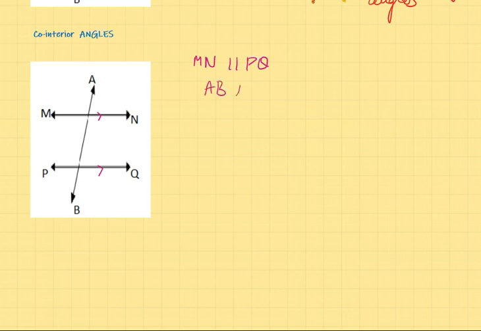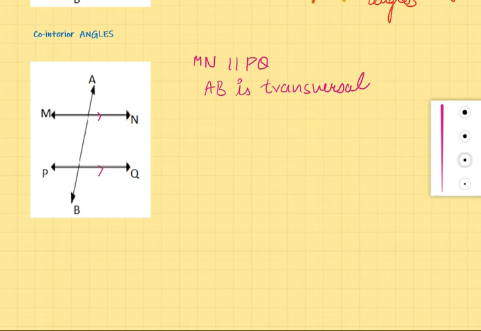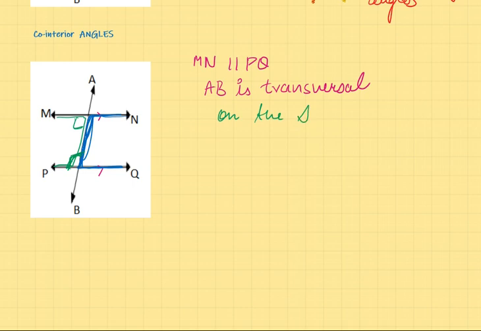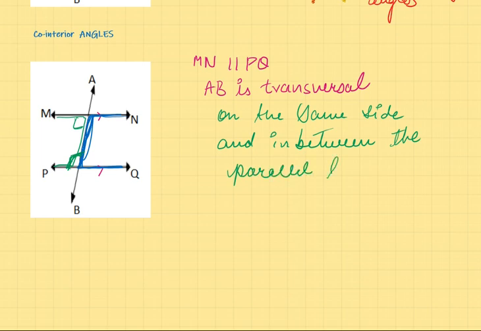AB क्या है, AB is transversal. कोइंसिडेंट एंगल की पहचान, ये U बनाते हैं. ये देखो, ऐसा U. ठीक है, और एक U आपको दूसरी तरफ आ जाएगा. ये दोनों एक ही तरफ को होते हैं, on the same side and inside, in between the parallel lines.